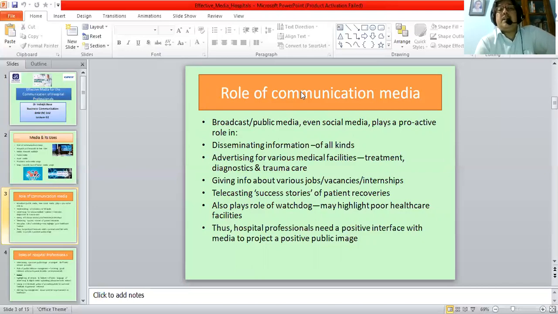Now, we also have to keep in mind that the media might play a negative role as well as a positive one as far as hospital professionals are concerned. Now, how does that happen?